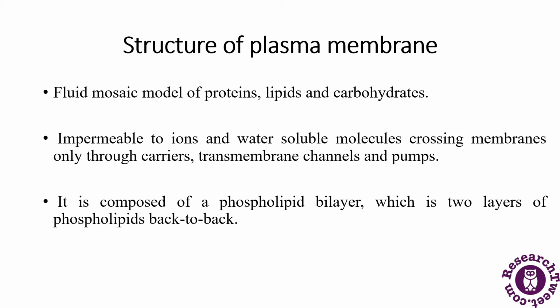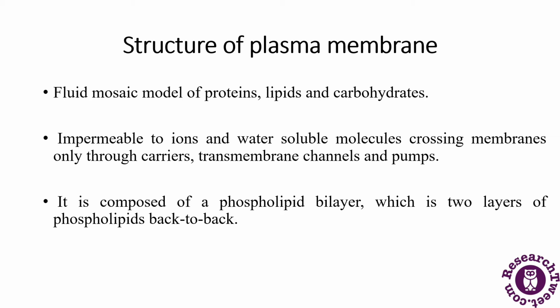As mentioned in the fluid mosaic model, we will be discussing the fluid mosaic model in detail. It says that the plasma membrane is made up of proteins, lipids, and carbohydrates. They are impermeable to ions and water molecules, which cross the membranes only through the carriers, transmembrane channels, and pumps.